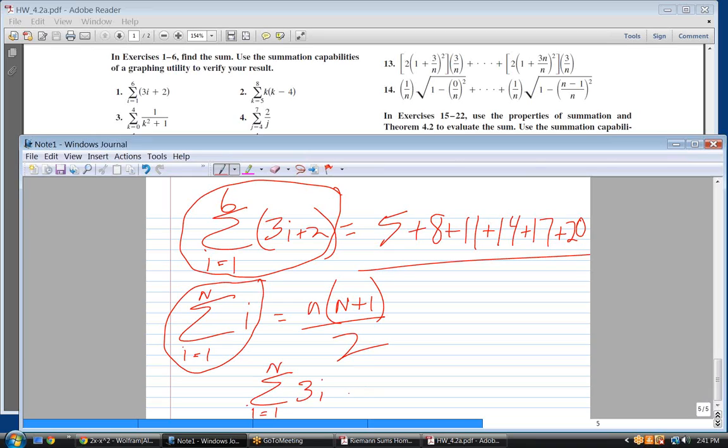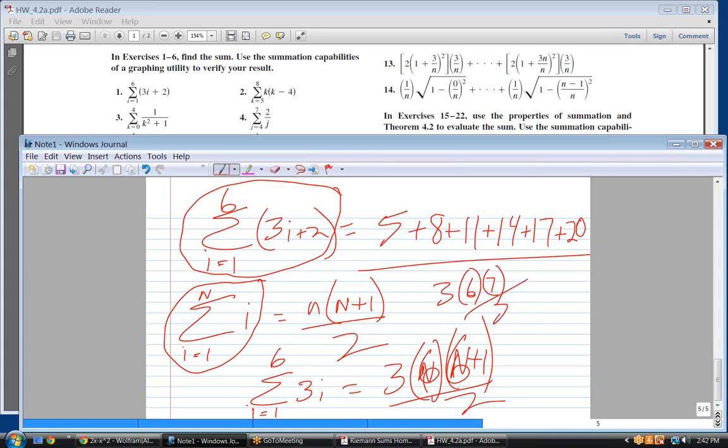So we have 3 times n times n plus 1 over 2, where n is 6. Now I can just substitute 6 for that and 6 for that. So I have 3 times 6 times 7 divided by 2.